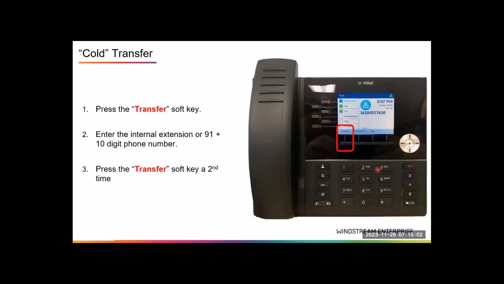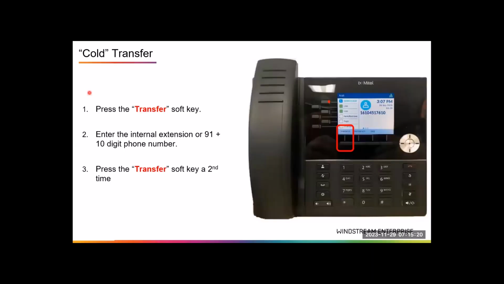After you entered the telephone number, just simply press the transfer button the second time. So press it again. Your call, which was on hold, will then be transferred automatically to the other person's phone. It will disappear from your phone. Now, here's the thing. That person, the one who's going to receive your transferred call, will not know that it was a transfer, that it came from you.